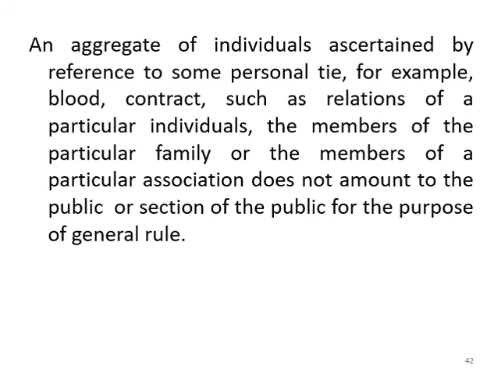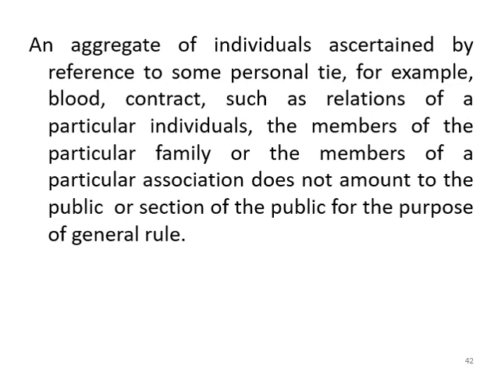In the Oppenheim case, we can say the particular association is a company, the British American Tobacco Company. The beneficiaries are more or less employees or ex-employees of such institution or firm. Therefore, the members of a particular association do not amount to the public or a section of the public for the purpose of the general rule.